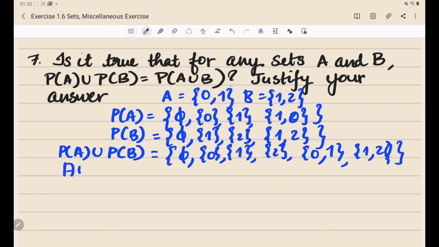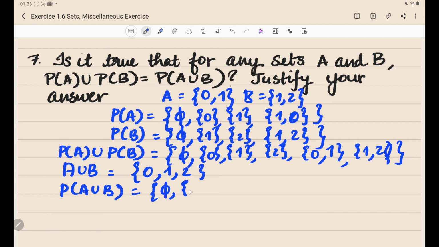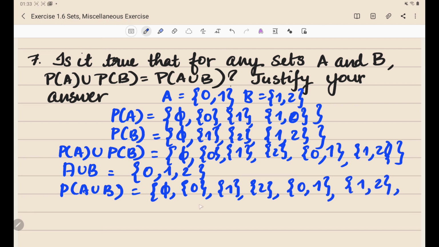Now to find P of A union B, first let's find A union B, that is {0, 1, 2}. P of A union B has the elements: the empty set, {0}, {1}, {2}, {0, 1}, {1, 2}, {2, 0}, and {0, 1, 2}.